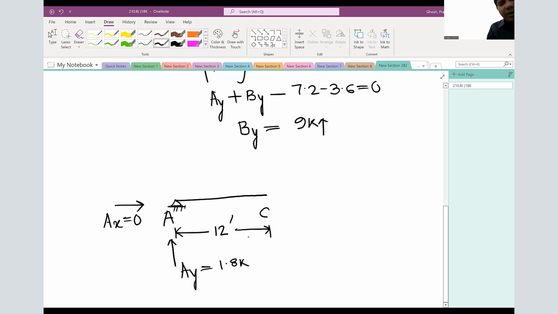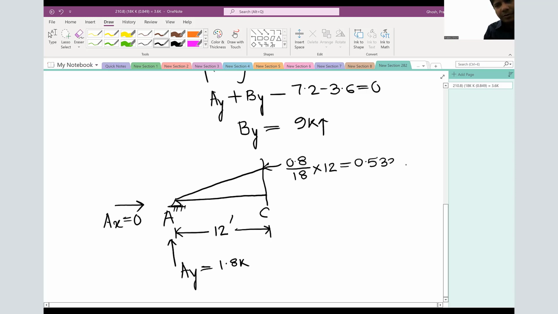And then our aim will be to find the height of the new triangular loading. We are cutting exactly at point C. So our new height is, by proportion or similar triangles, 0.8 divided by 18 times 12. That gives 0.533 kip per feet.